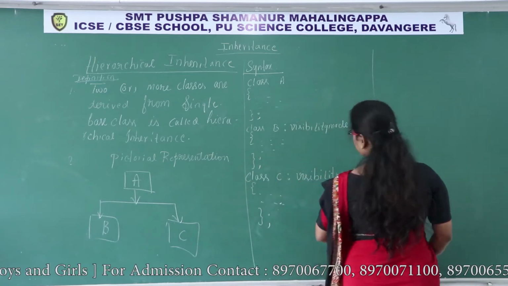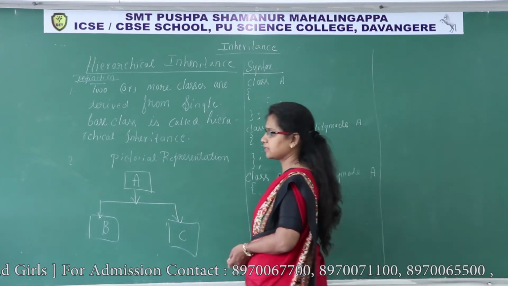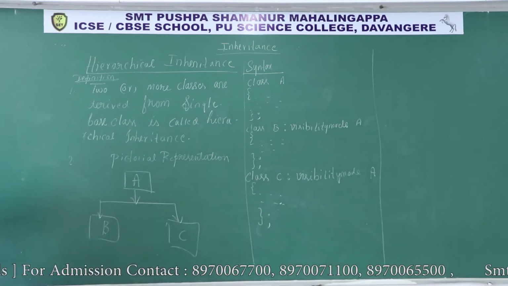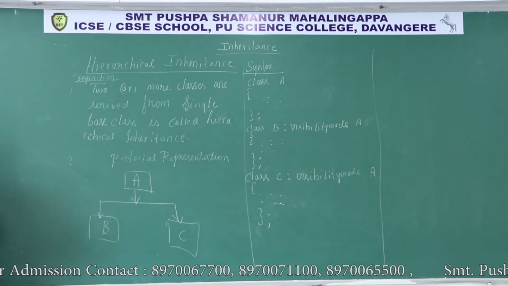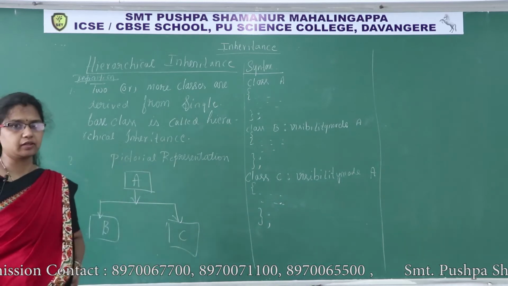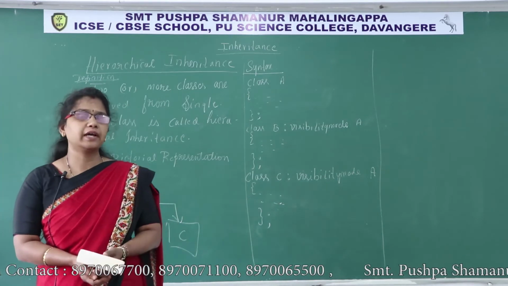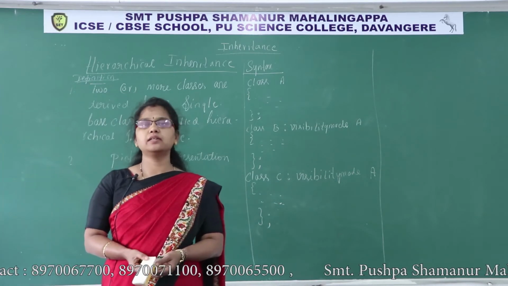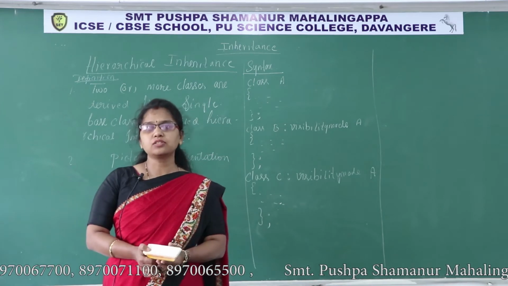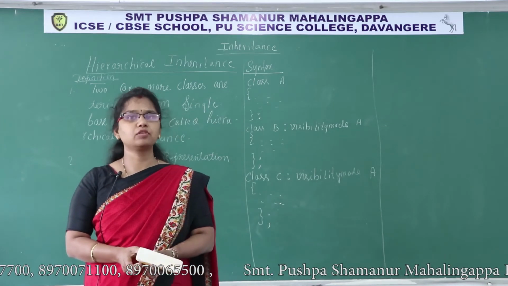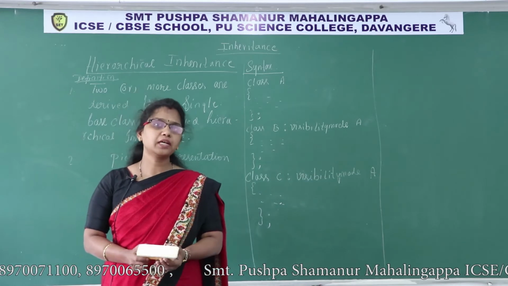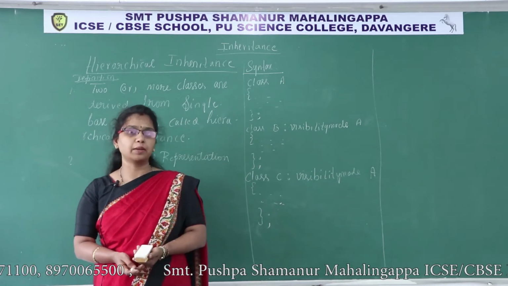Let us understand the program on hierarchical inheritance. I'll take a program with a class which contains address, and I'm going to derive two classes. One is customer and another is employee. In the customer class I want to read the address of a customer, and in the employee class I also want to read the address of an employee.